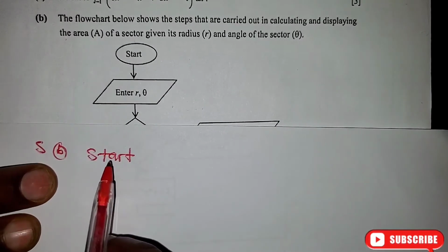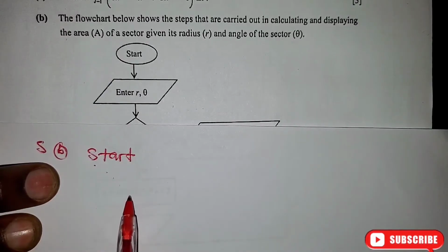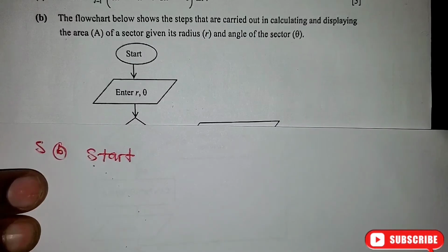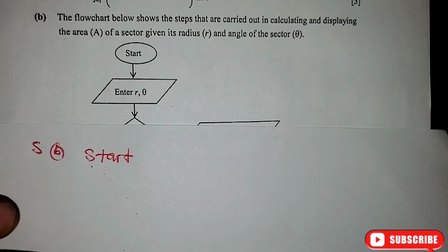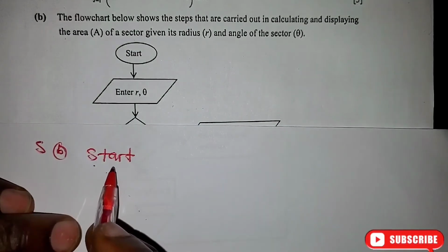Then we'll be indenting like this, and at the end we'll come back like this. That is just the rule. There is a complete lesson I did on flowchart and pseudocode.